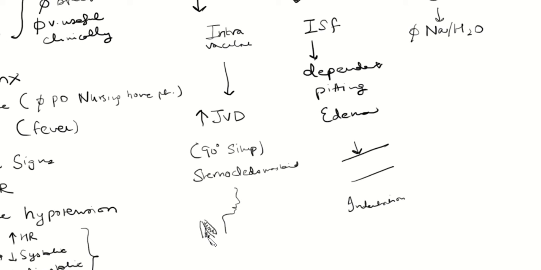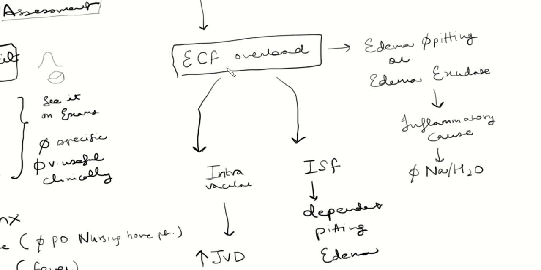If you see any blood vessels pooching out there at any height, that is a positive JVD, jugular vein that is distended. That tells you there's a lot of fluid in the vascular space. So again, with ECF, you can have a lot of fluid in the vascular space, increased JVD.